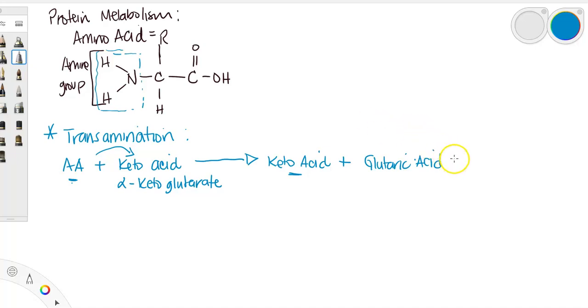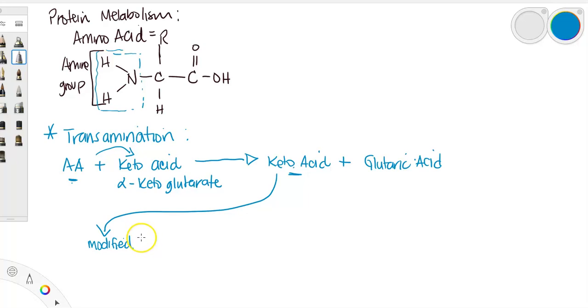All right, once that happens, this keto acid is modified into different constituents of the Krebs cycle, or the citric acid cycle, so that it can enter the citric acid cycle. It can be converted to pyruvate, then converted to acetyl-CoA, and so on.